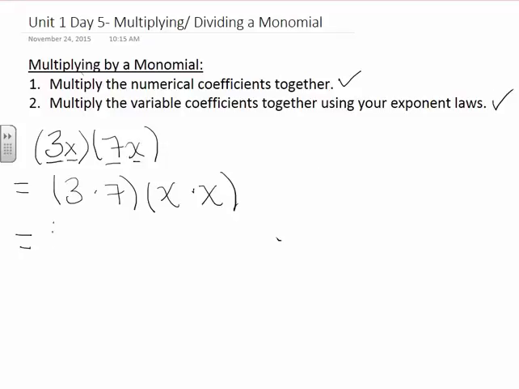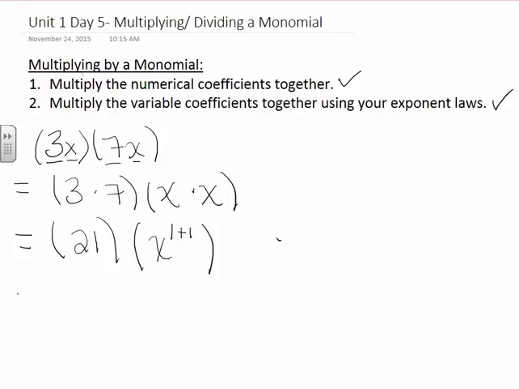Now we simplify as follows. 3 times 7 is 21. And x times x, using our exponent laws, is going to be x to the 1 plus 1, because the product rule tells us that when you multiply exponents of the same base, you add their exponents together.